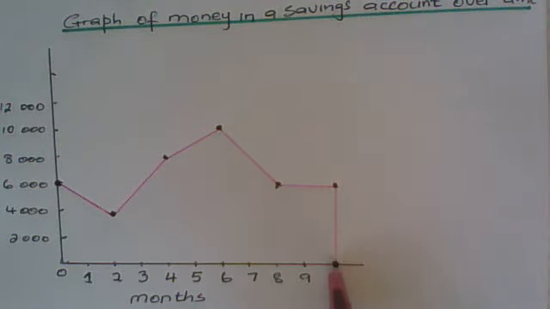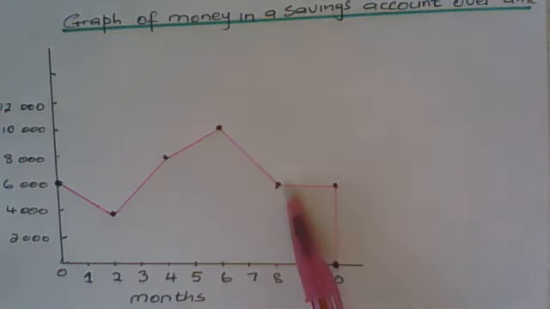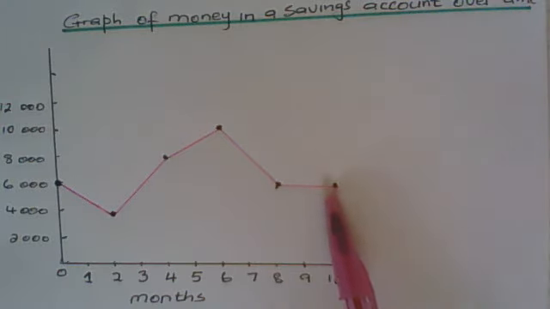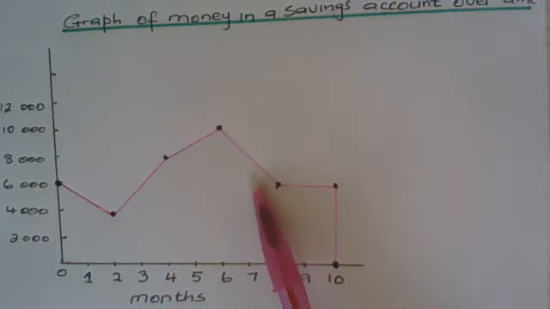Along the months, from 8 to 10, nothing happened. Now that is why we say we must have the relationship of months and value. This is a scenario of a certain individual's account.